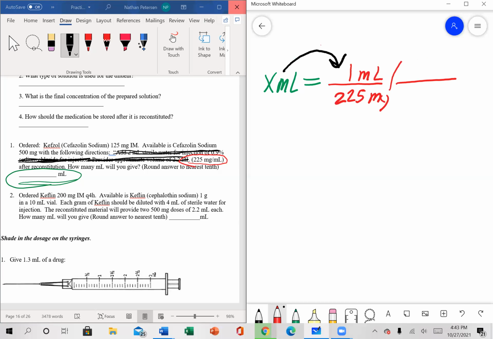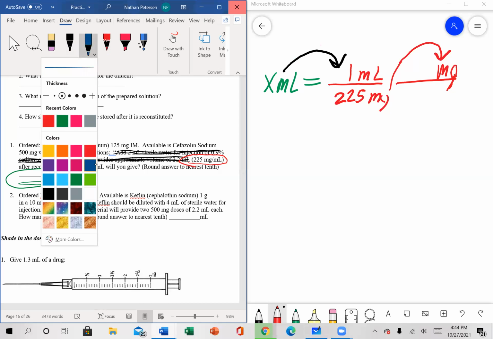Next, we know we have to start with milligrams again up here, right? So where are we going to find our next milligrams? This problem is actually a lot simpler than it initially looked. So now we're going to go to our order, because what do we actually want to give? What's ordered was 125 milligram IM injection.